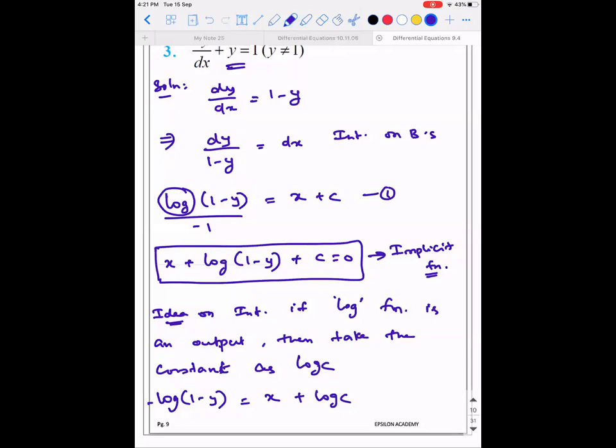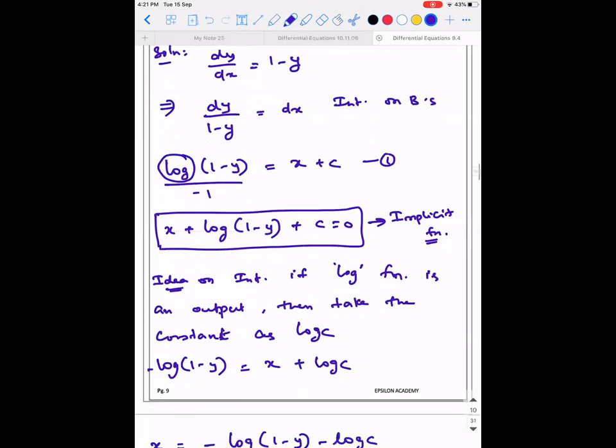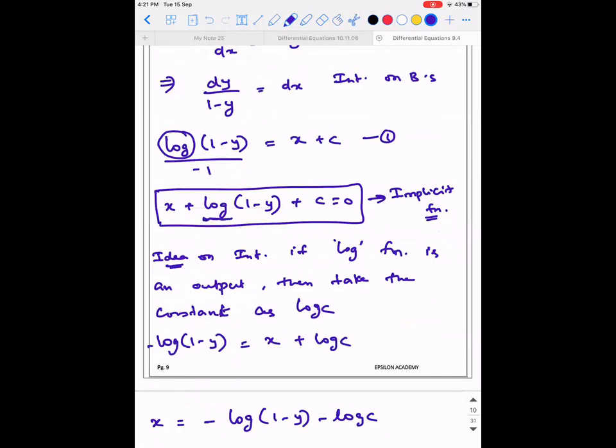Sir, can you explain it again, sir? Which one? From where? The second part, sir. I'm saying the idea of whenever you have this logarithmic function, you need to take the constant. Sir, your voice is breaking, sir.